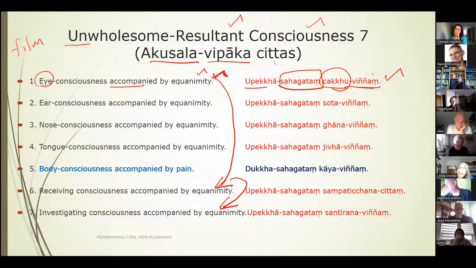The first one is eye consciousness. The second is ear consciousness, and nose consciousness, tongue consciousness, and all these four are accompanied by equanimity. Body consciousness is accompanied by pain.